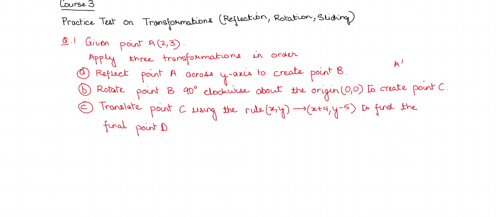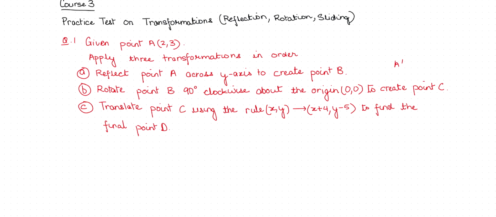Second, rotate point B 90 degrees clockwise about the origin to create point C. And third, translate point C using the rule (x, y) changes to (x plus 4, y minus 5).